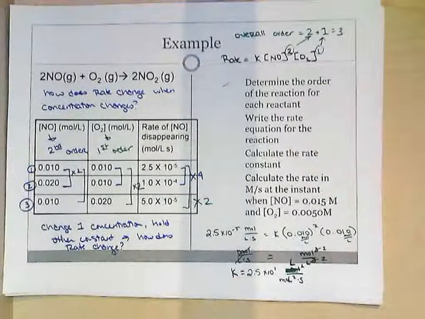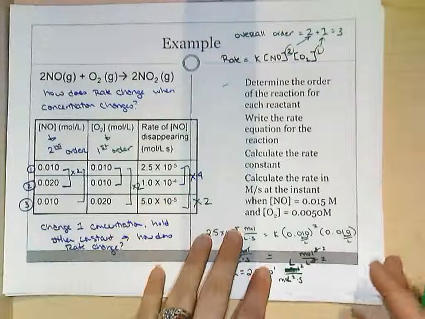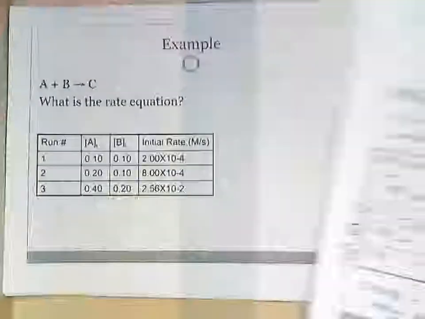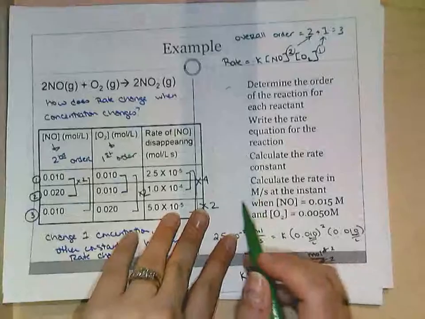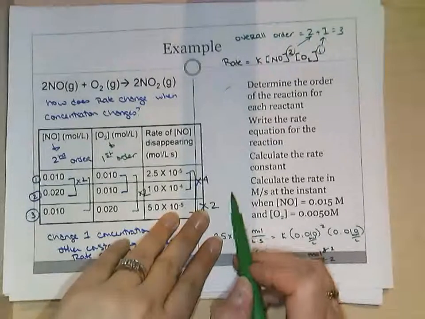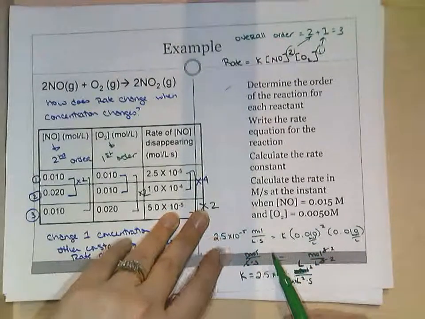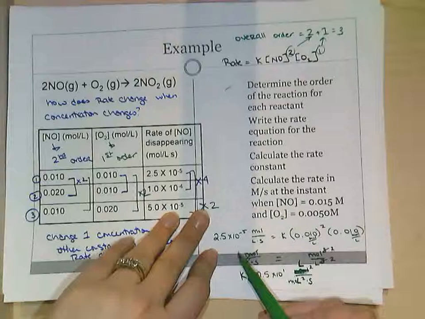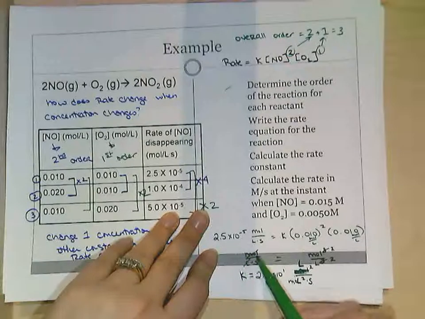All right, let's see here. I'm going to leave you guys to do number 4 on your own. It's just plugging it back in. So now that you know K, use K to find a new rate. You guys can do that as a practice problem for later. So do 4 on your own.